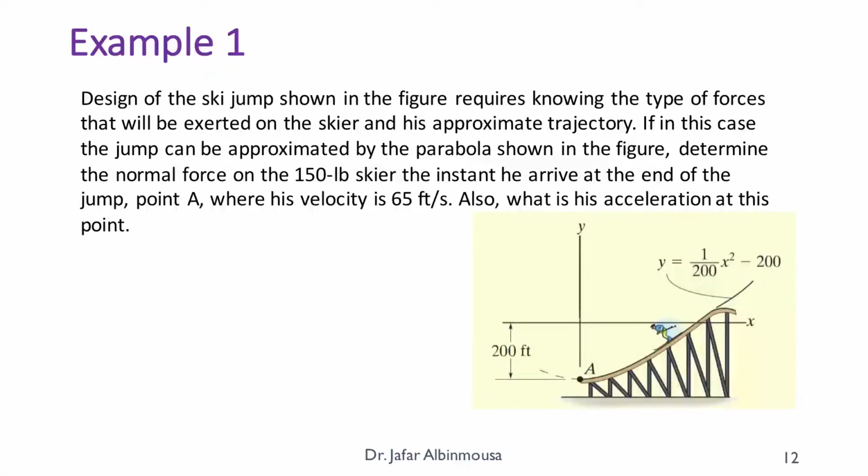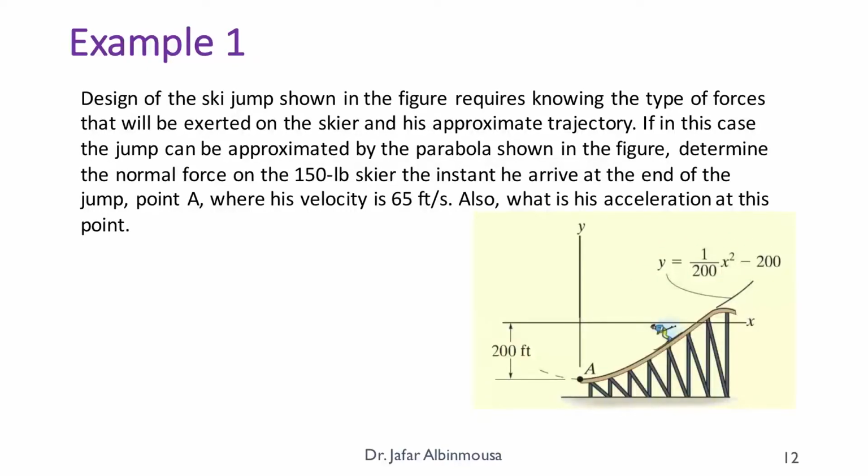Now let's work on this problem, which says that the design of the skier jump, shown here in the figure, requires knowing the type of forces that will be exerted on the skier and his approximate trajectory. In this case, the jump can be approximated by the parabola given by this equation.